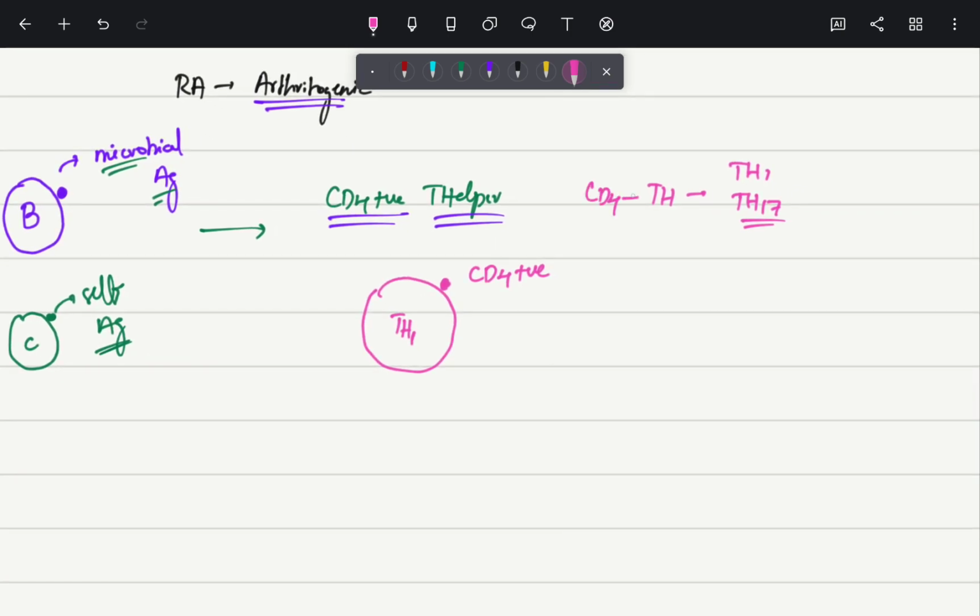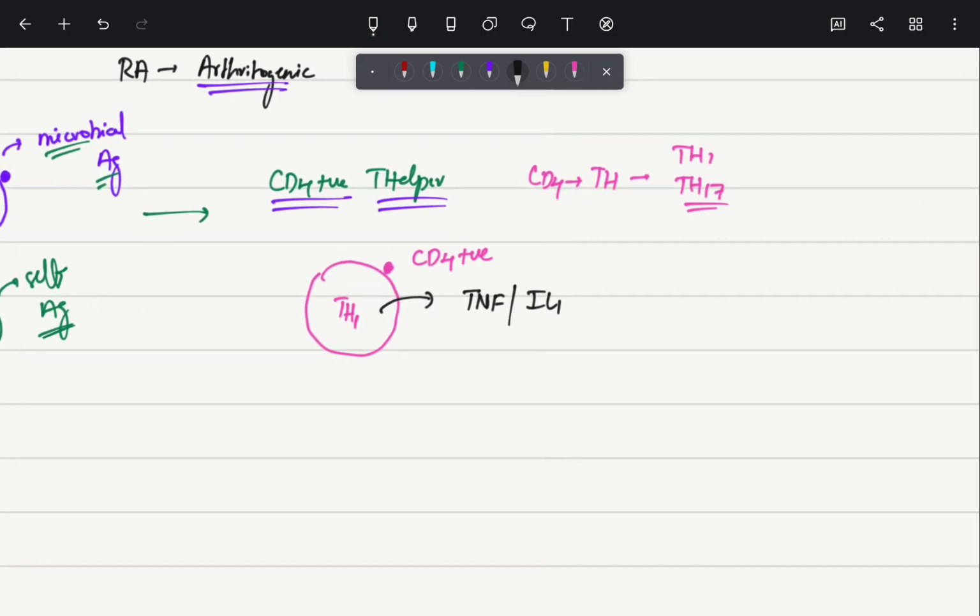CD4 positive T helper cells are mainly of two types, T helper 1 and T helper 17. So the T helper 1 cell is stimulated by the arthritogenic agent. Whenever it is stimulated, it will produce substances such as tumor necrotic factor and interleukin 1. So this tumor necrotic factor or interleukin 1 will go and stimulate the synovial cells.